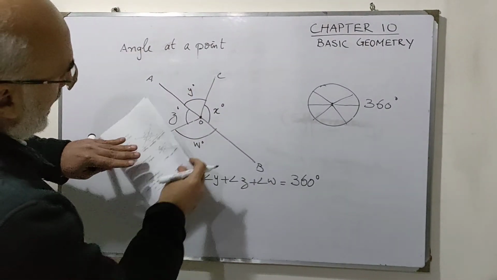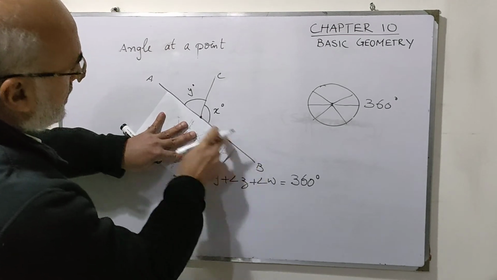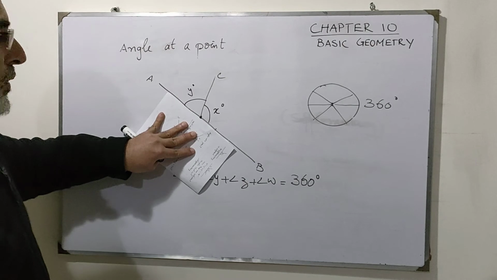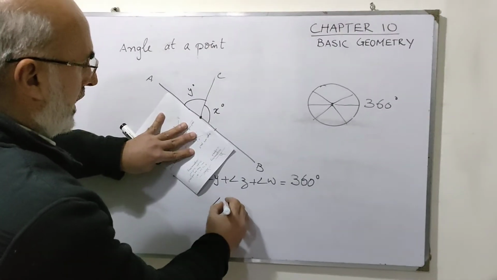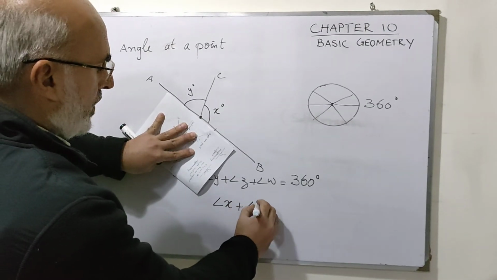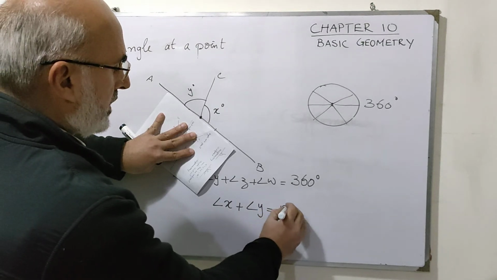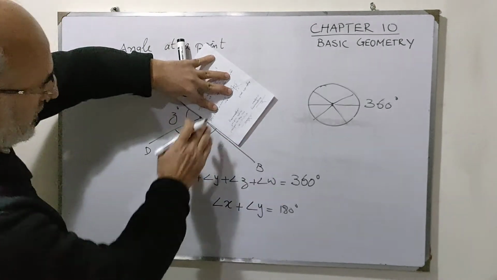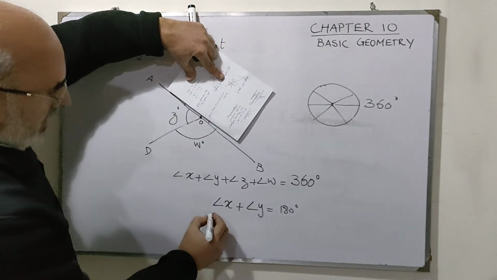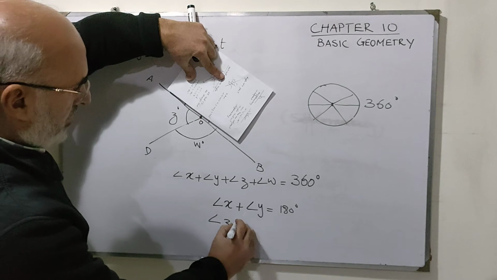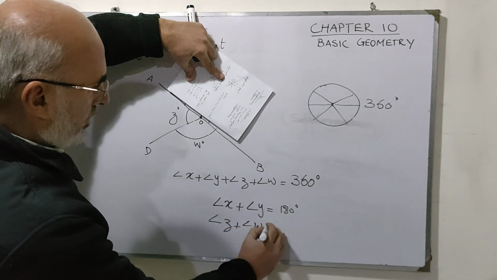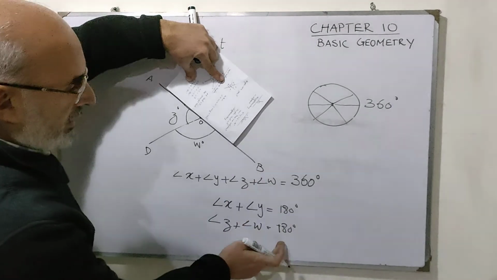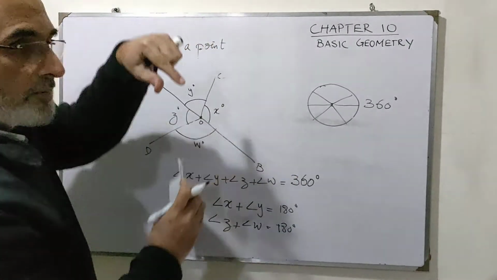If you look at this part only, it's a straight line, and on this straight line, angle X plus angle Y is going to be 180 degrees. In the same way, if we look like this, angle Z plus angle W is going to be 180 degrees. So 180 plus 180 is 360.